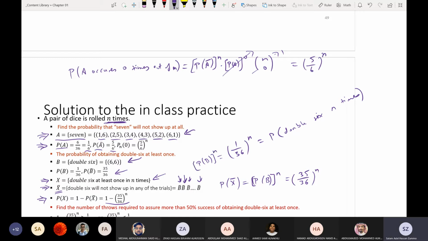This is equal to double 6 n times. هذا ما كان السؤال. السؤال كان at least once in n times.